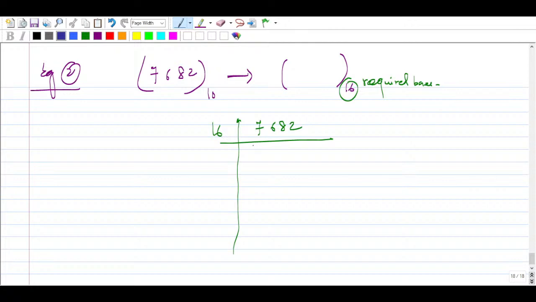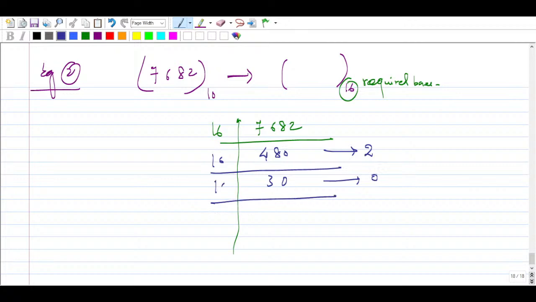So 16 into 7682, here you will get 480, and whatever remainder you get, that is 2 here. Then divide further, you will get 30 and remainder 0.